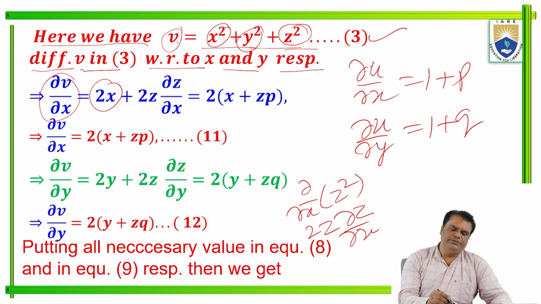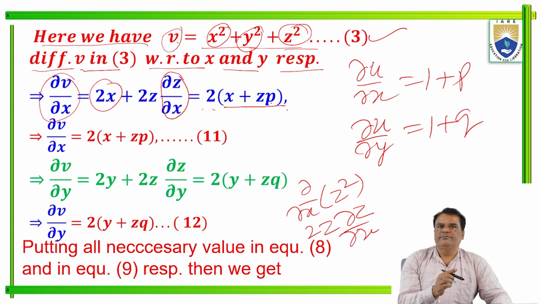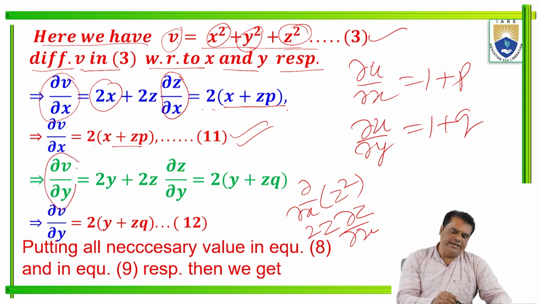So we write 2z ∂z/∂x. 2 is common, x plus z ∂z/∂x, and ∂z/∂x is p. So 2 times x plus zp. Now ∂v/∂x equals 2 times x plus zp. This is equation 11.